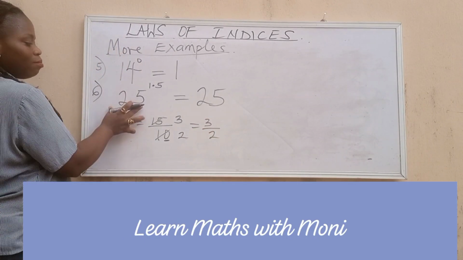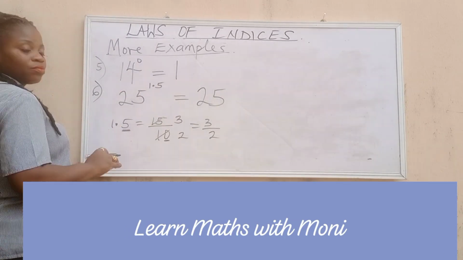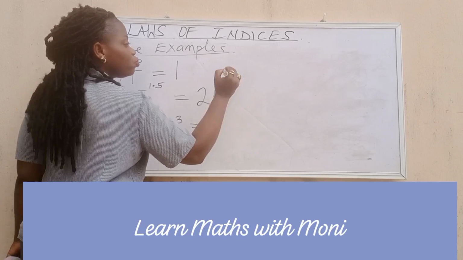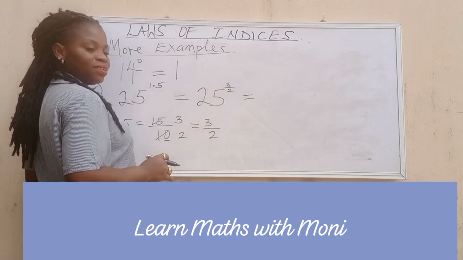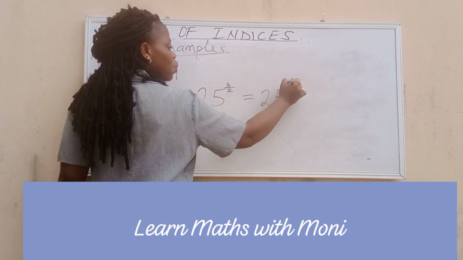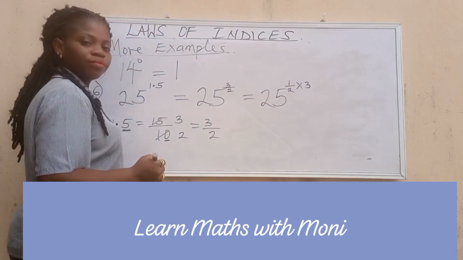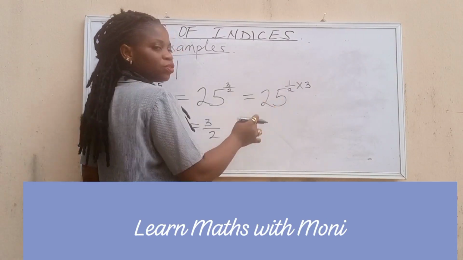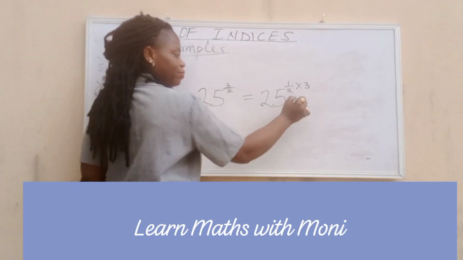Meaning that 25 raised to power 1.5 is the same thing as saying 25 raised to the power of 3 over 2. The fractional index can be written as 25 raised to power 1 over 2 multiplied by 3. Remember, 25 raised to power 1 over 2 simply means the square root of 25.